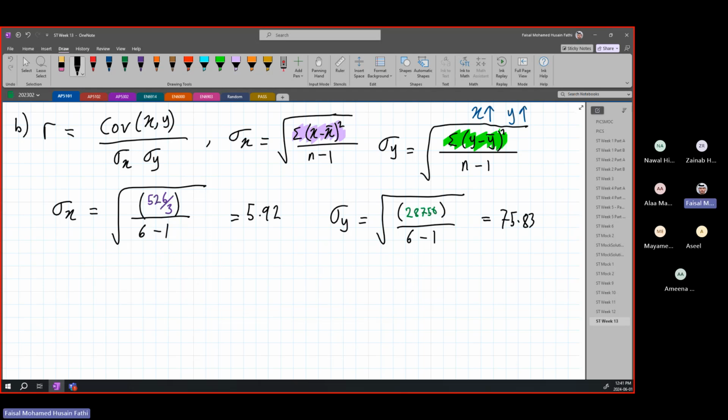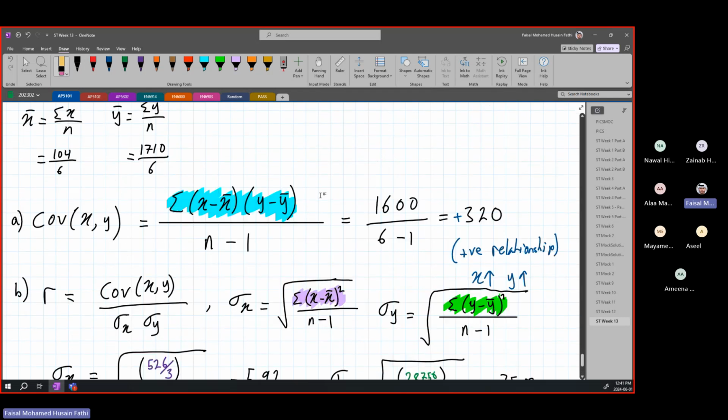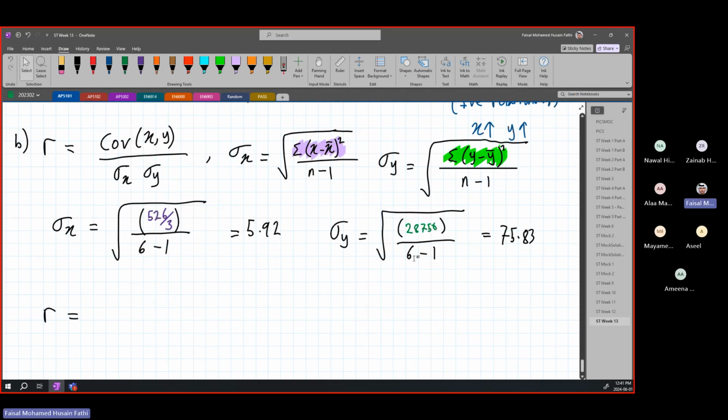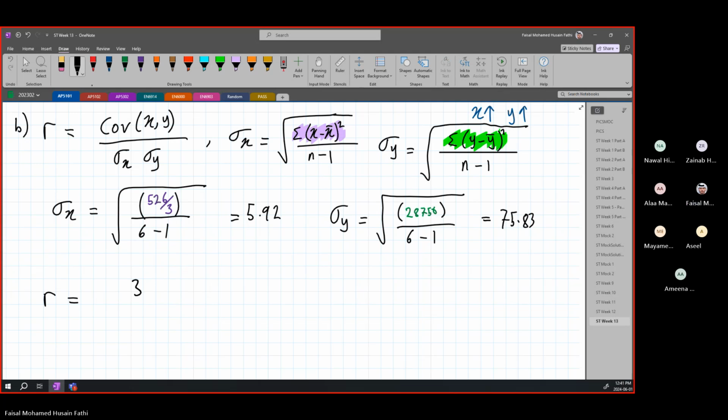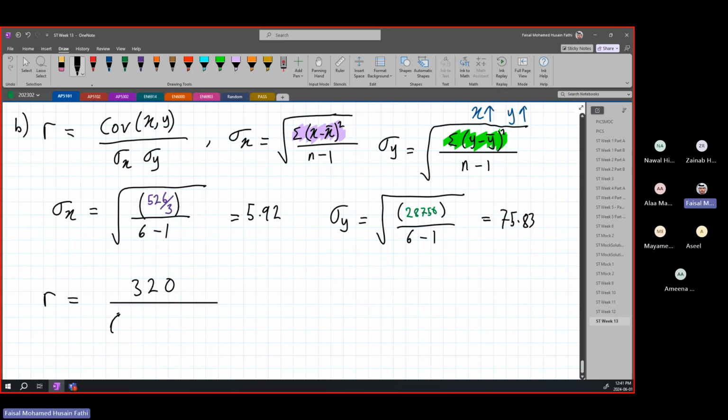All right, and now we can find our R. R is equal to the covariance, which is the value that we have found over here, so 320, divided by sigma x, which is 5.92, and sigma y, which is 75.83, right? Again, where did I get these values? This is my sigma x, all right? This is my sigma y.